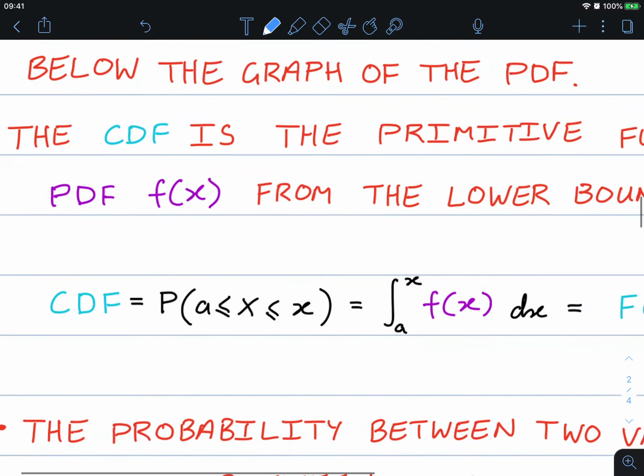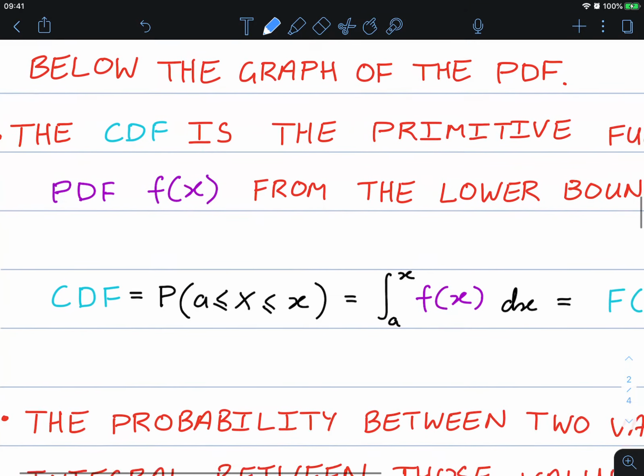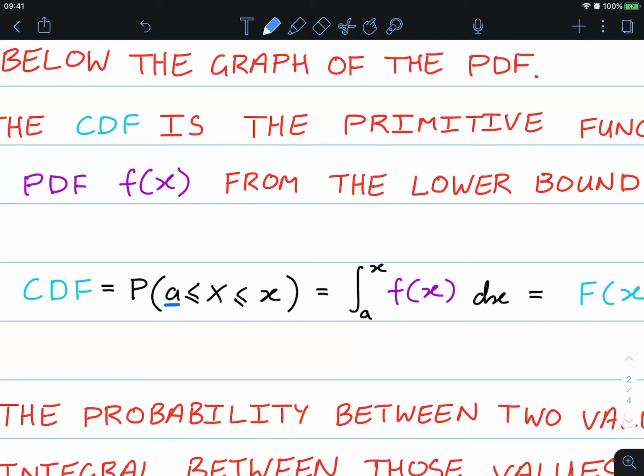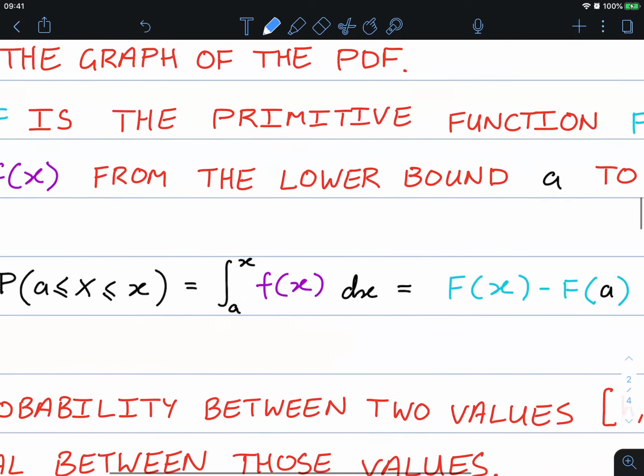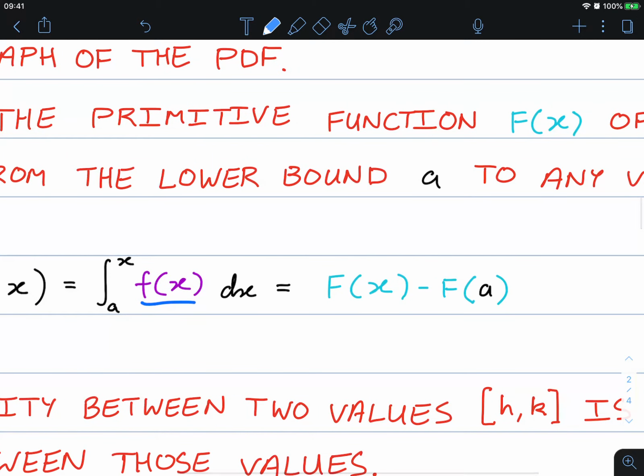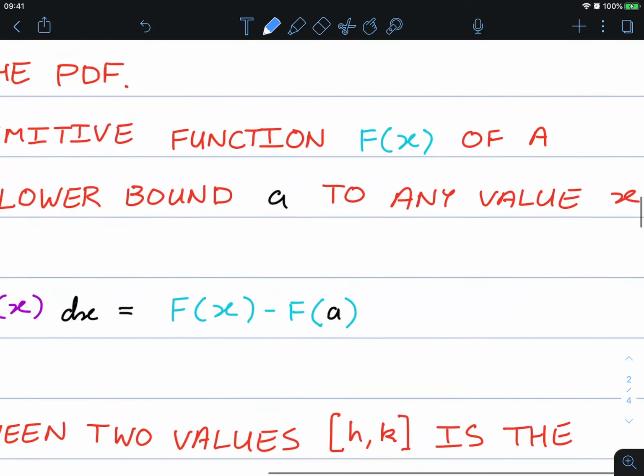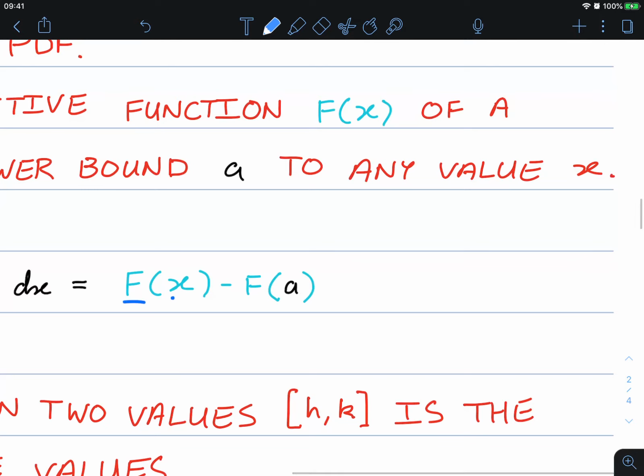So the CDF is actually equal to the probability from the lower bound a to any value x, which is just the integral of the PDF from the lower bound a to x, and we can find that using capital F of x minus F of a.